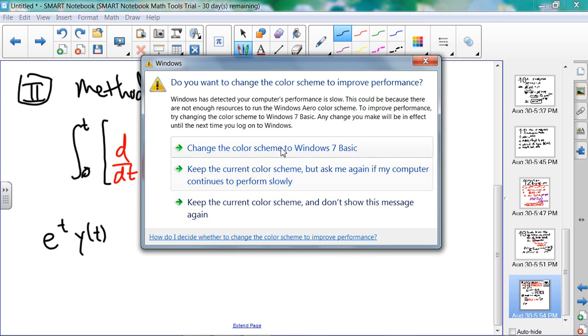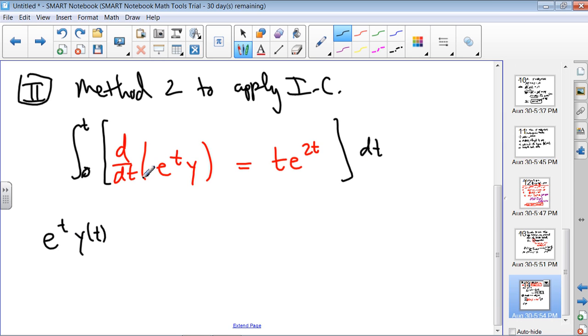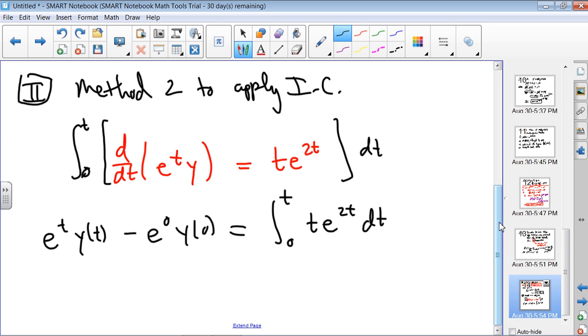And on the bottom side, we plug in 0 everywhere we see a t over here. So this is e to the 0, y of 0. On the right-hand side, our integral from 0 to t of this is where we use exactly our integration by parts.